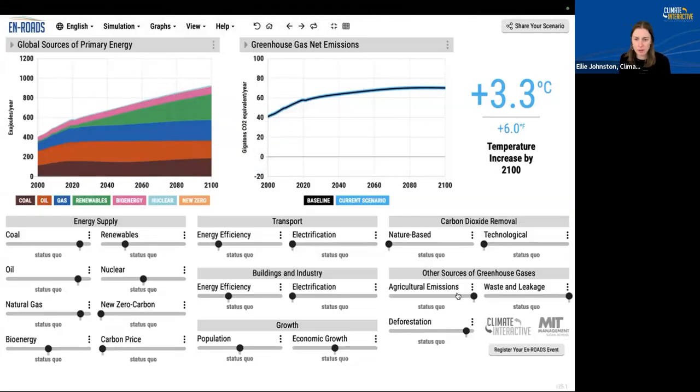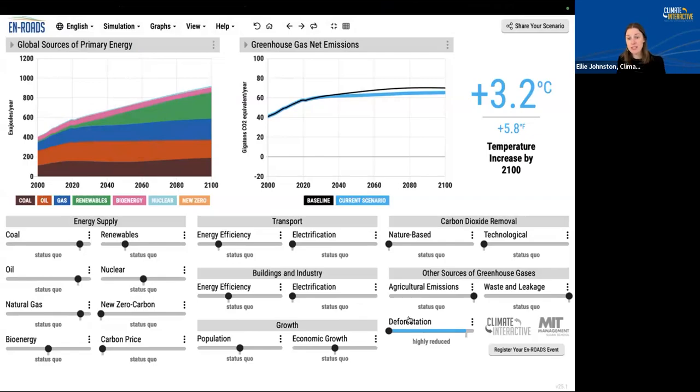And then the way En-ROADS works is we can test and we can say, well, what if we dramatically reduce deforestation? And so I can pull this slider and you can see that the simulator adjusts and greenhouse gas net emissions fall. Now, we didn't see any kind of change here in terms of sources of primary energy because we're talking about deforestation.